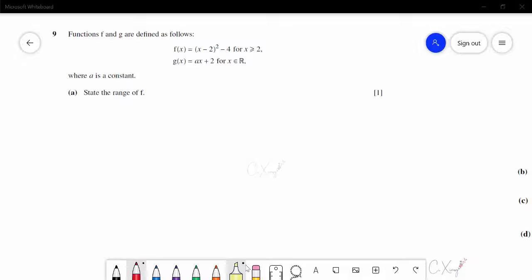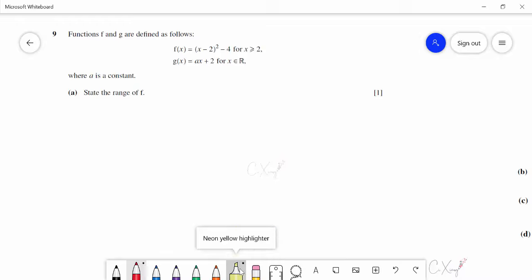To state the range of f, generally we can look at it from the completing square form. For this one, we know that the minimum point for the function f(x) will be (2, -4). So the smallest value of y will be -4. Therefore, the range of f is y ≥ -4.